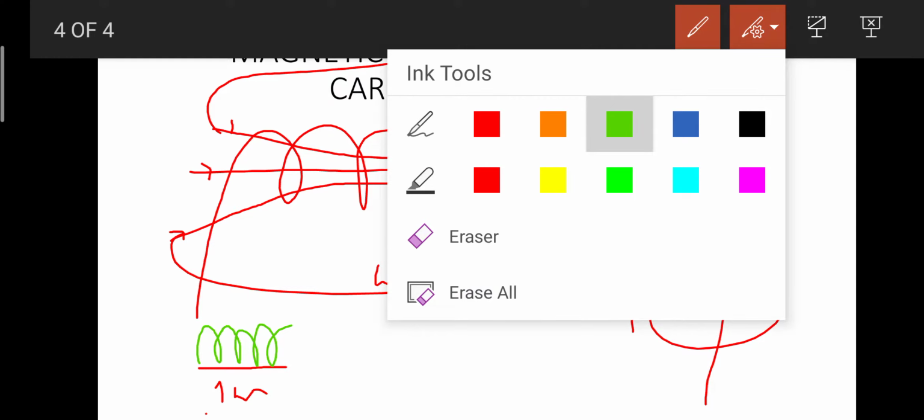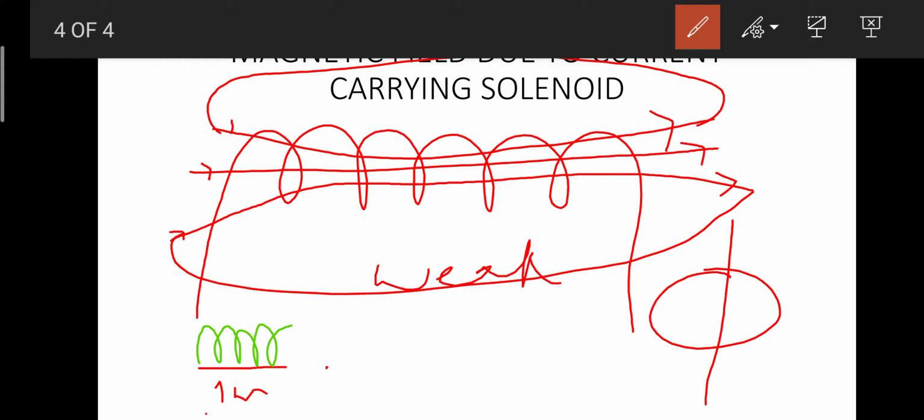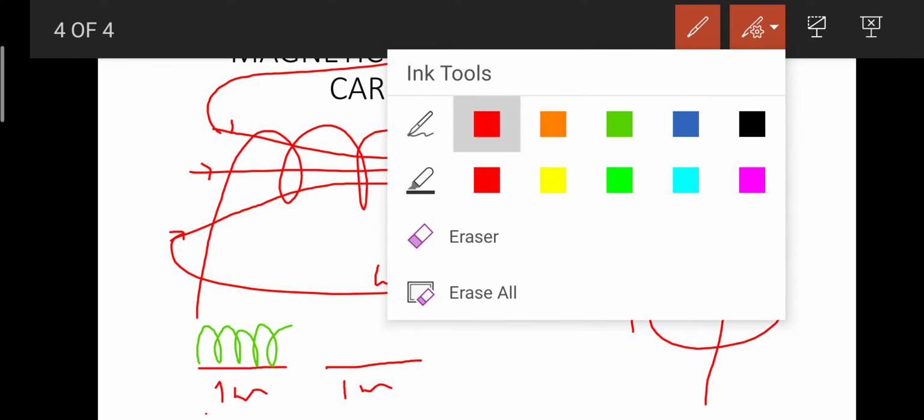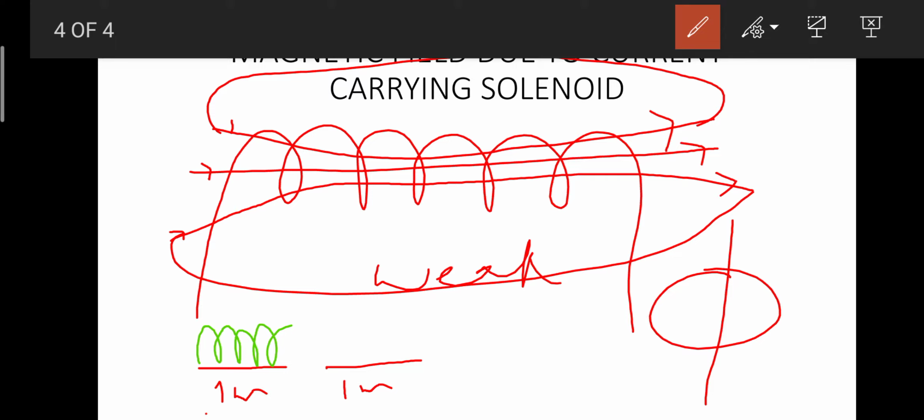Next I'm going to do it for the same length, that is again 1 meter. If I want to draw the number of turns, I can draw it like this, and in this case I observe there are only two turns, or you can say three if I draw it like this.